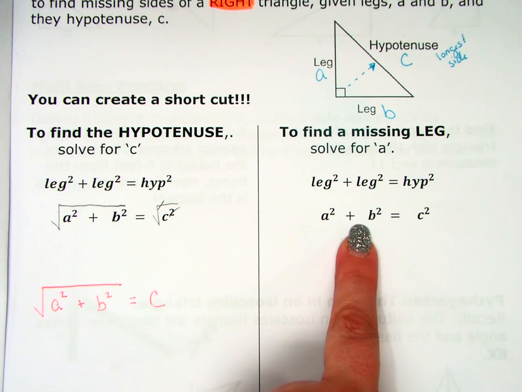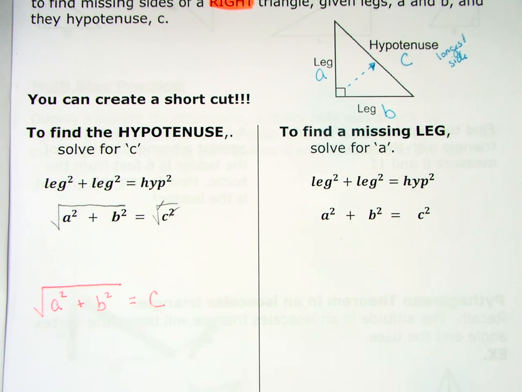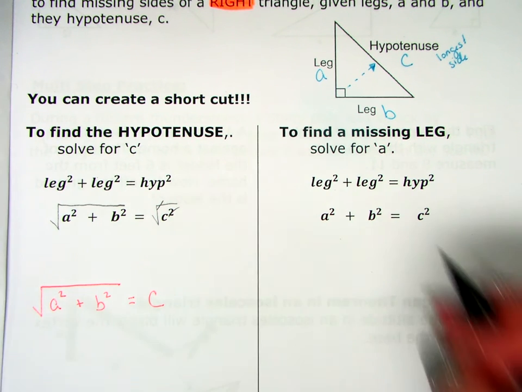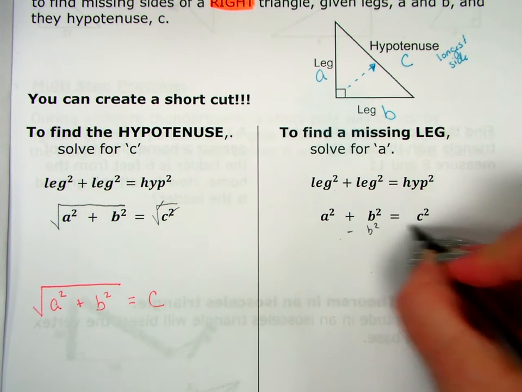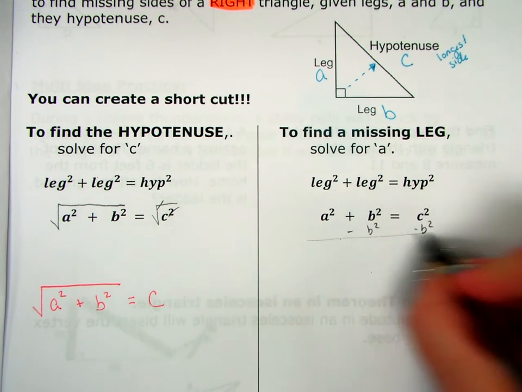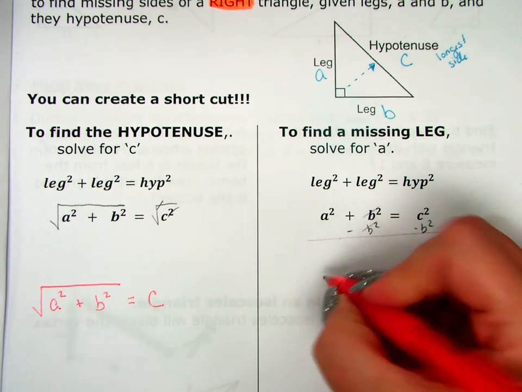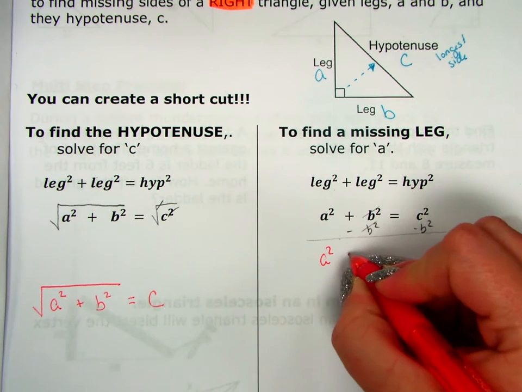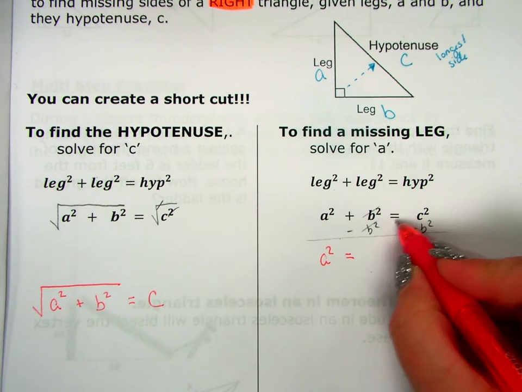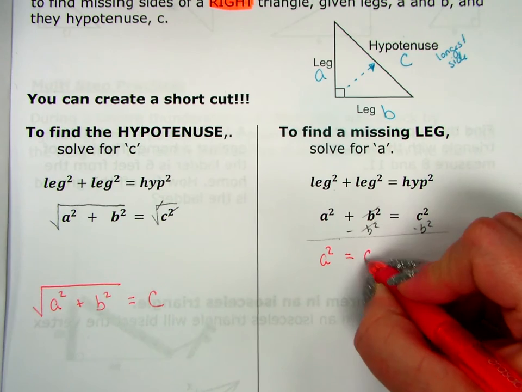So I need to move this plus B squared to the other side. How do I do that? Subtract it. Yeah, subtraction property of equality. So when I do that, I'm going to end up with A squared equals, because that goes away, C squared minus B squared.